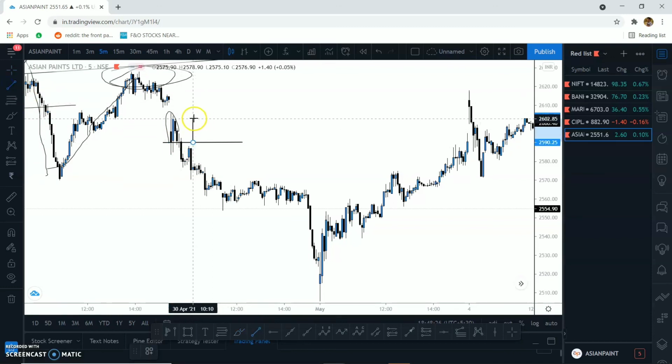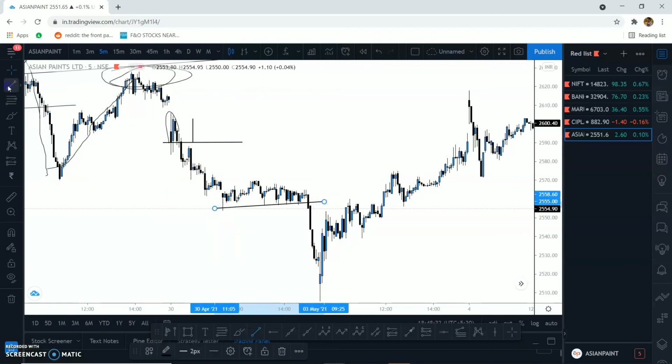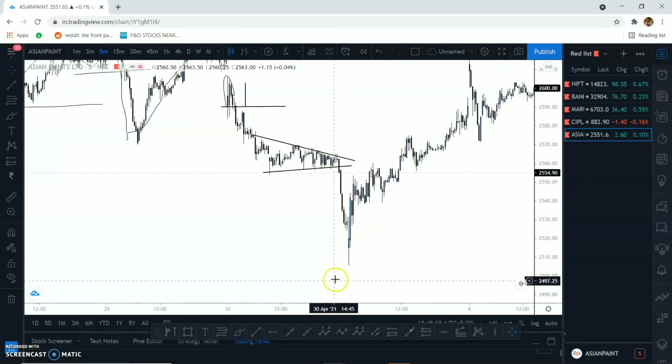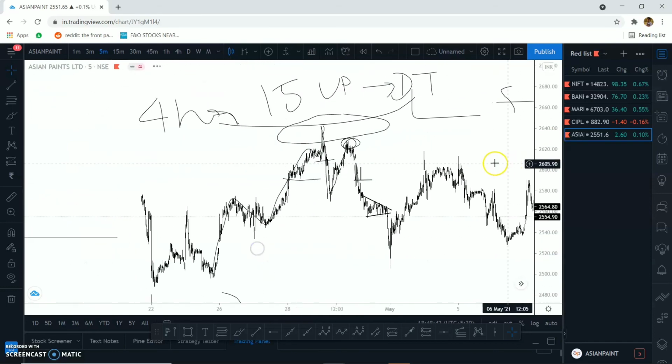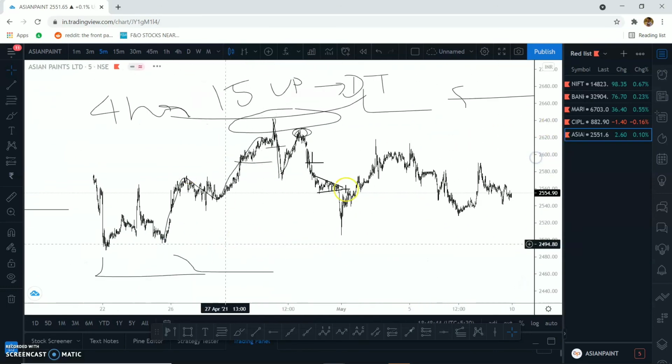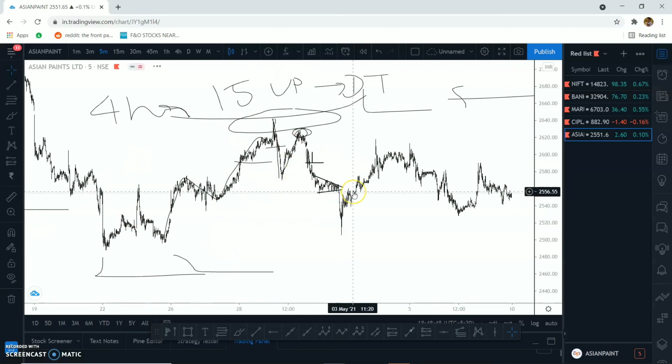A wick on the daily time frame, and then the price falls down. Obviously it would have been missed, but breakout traders, pattern traders, whatever you want to trade, there are many opportunities for you to understand and trade these setups, but the directional bias has to be clear. If your directional bias is not clear, you will suffer a lot.